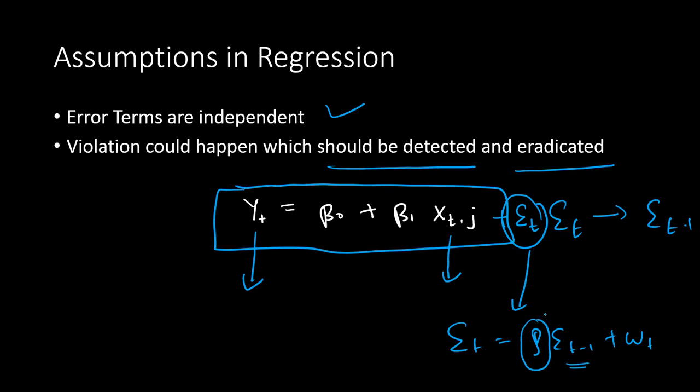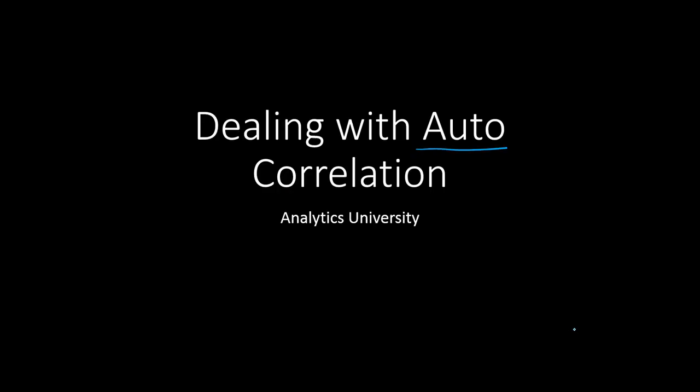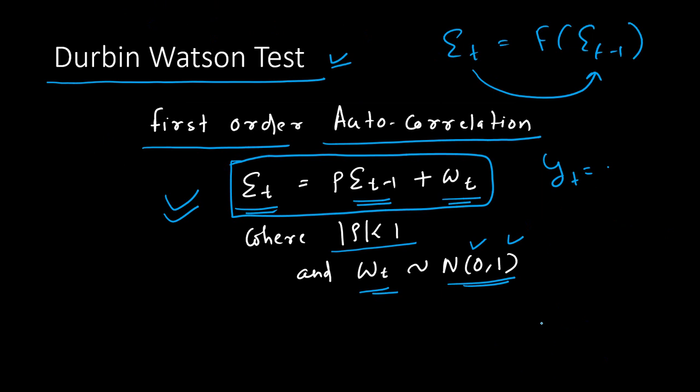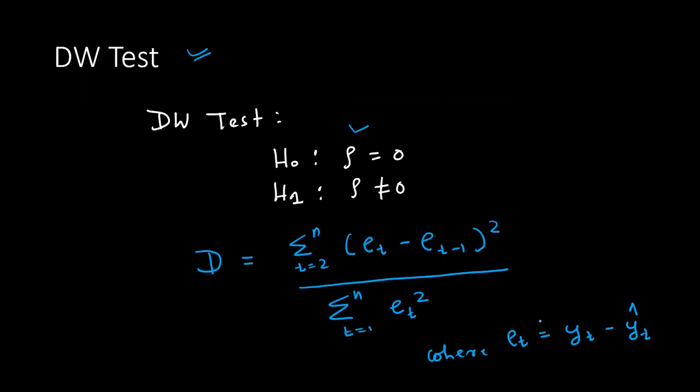The idea is to show that this is significant. If this is not significant, this is 0, then your error term is not correlated with its lag. If it is non-zero, only then it is correlated. That's the idea, and we'll see how we can statistically show the relationship.